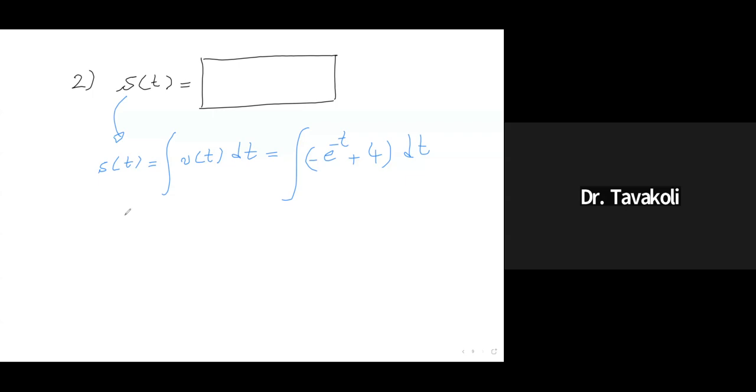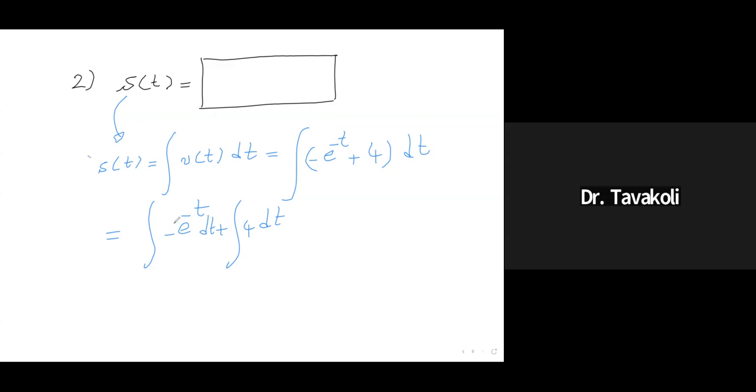To avoid any confusion, let me just do this integral step by step. The integral of minus e to minus t plus 4 dt is the integral of minus e to minus t dt plus the integral of 4 dt. We break this down into two integrals, the sum of two functions. The reason I do that is because I have seen in the past that sometimes students, when finding the integral of minus e to minus t, make mistakes.